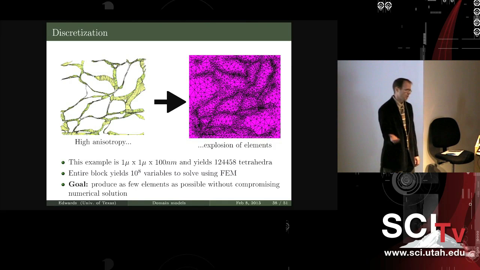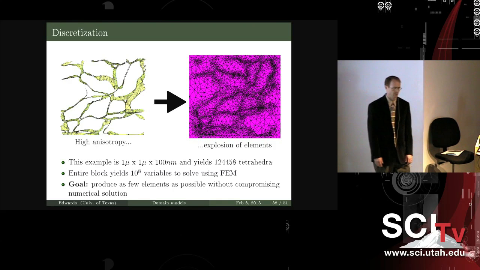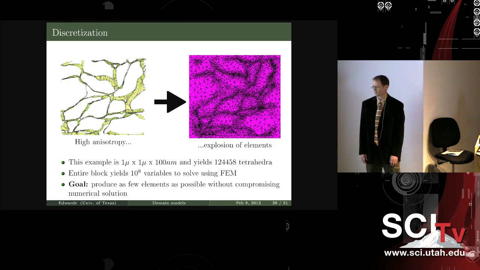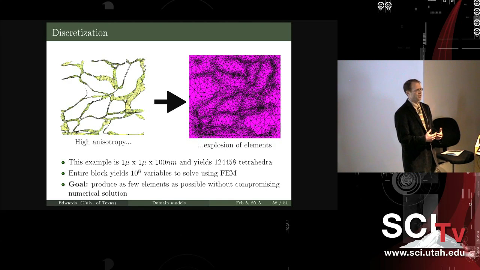You integrate that over the entire volume, and you end up with many more tetrahedra that you can plug into a finite element solver. We can decimate, we can do different things, but we're interested in finding another way to do this.